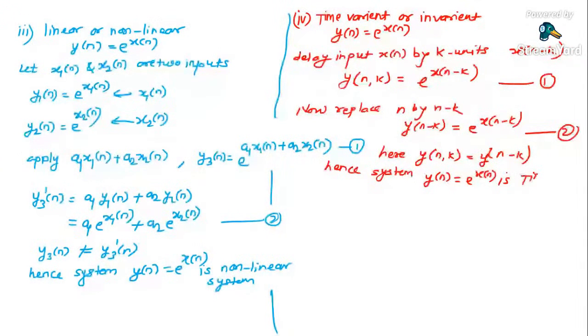Time invariant. Invariant means it is not changing with time. Even if you delay input, even if you delay output, it is not changing. So this system is called a time invariant system. And then the fifth type of system check is stable and unstable.